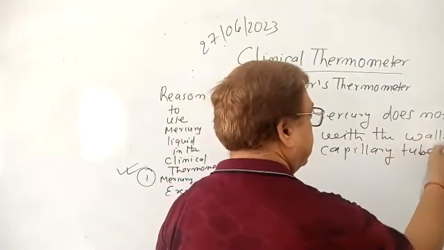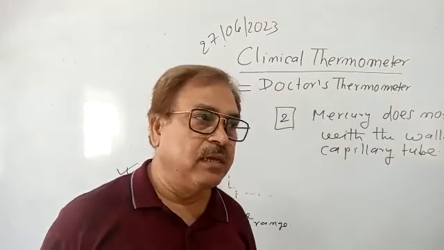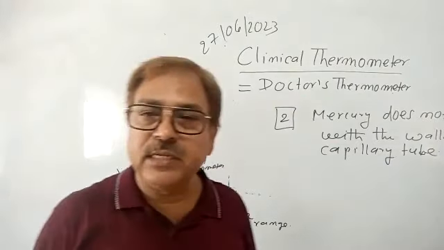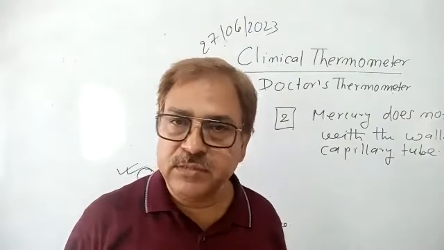Yes, you will know this. Mercury does not stick with the walls of the capillary tube, due to which it can easily rise up and it can easily be pushed back after giving jerks to the thermometer.